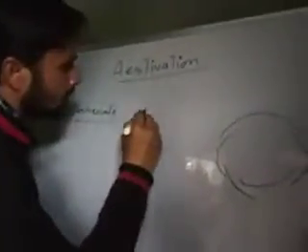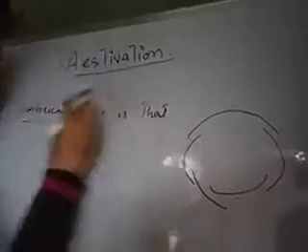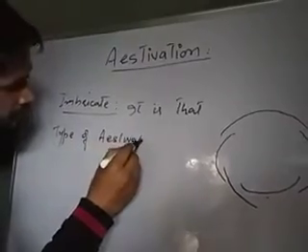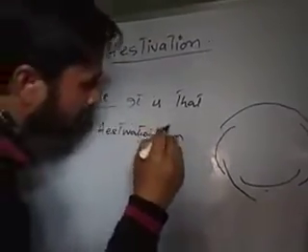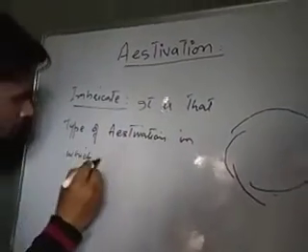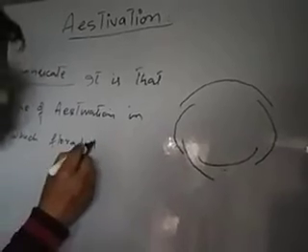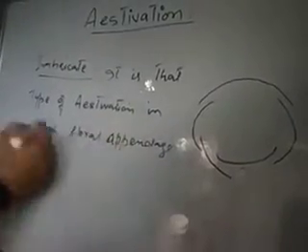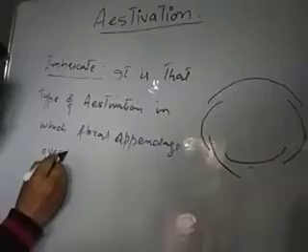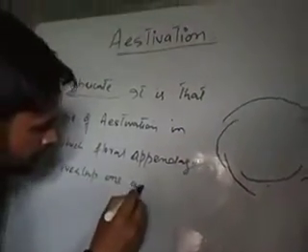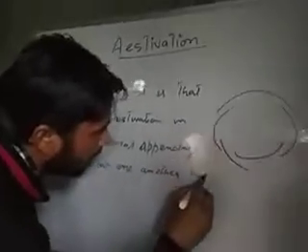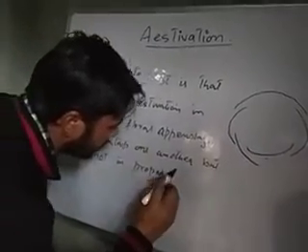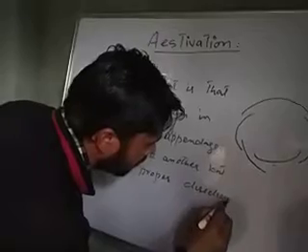So it is that type of aestivation in which floral appendages like sepals or petals overlap one another but not in a proper direction or arrangement.